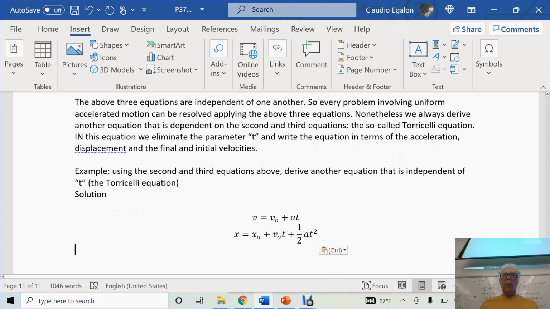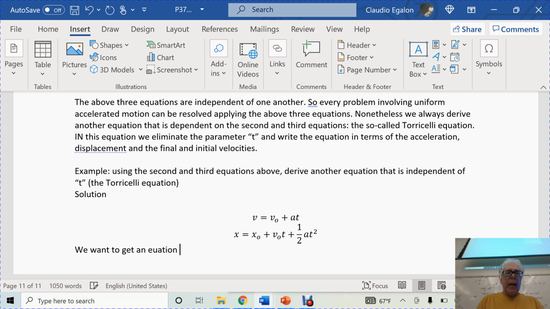Okay, and what do we want to do? We want to get an equation in which t doesn't show up, in which the parameter t does not show up.